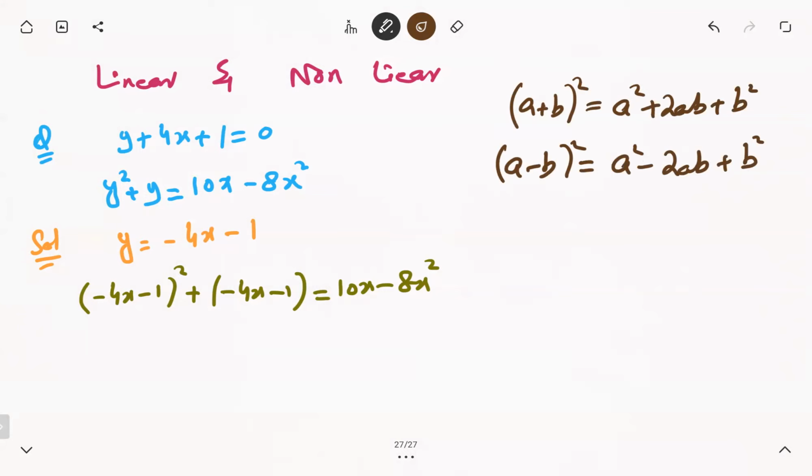But the question is, do we know any identity for minus a minus b whole square? How to expand this? Is there any identity for it? If yes, what is that? And if no, then how will you expand this?